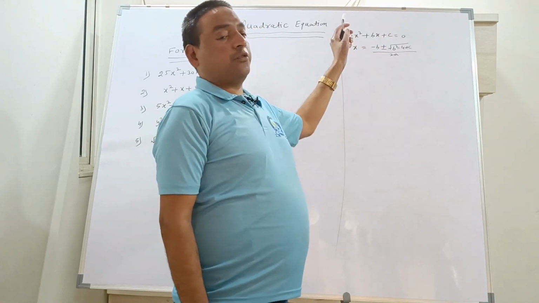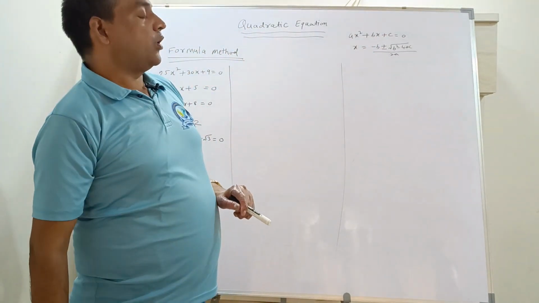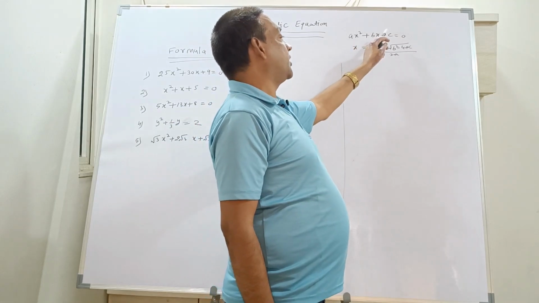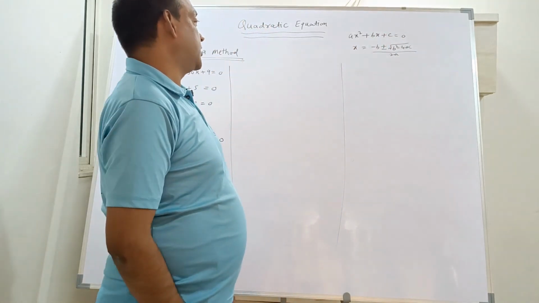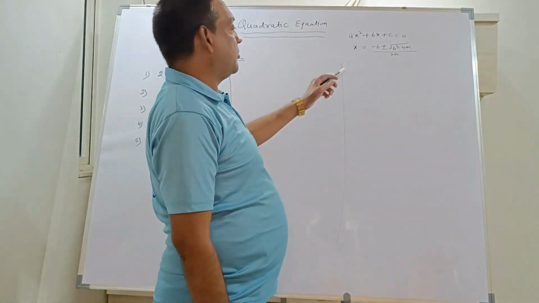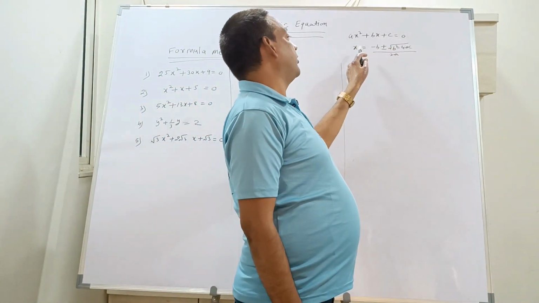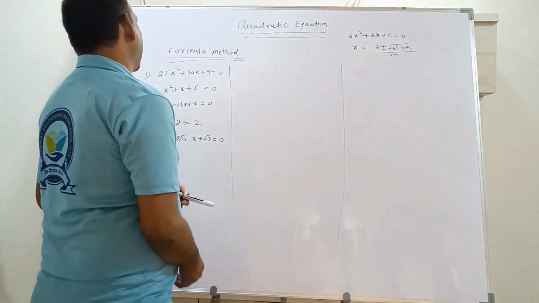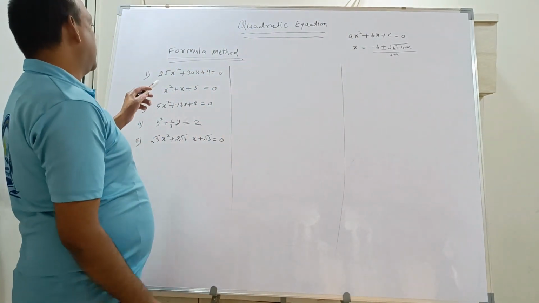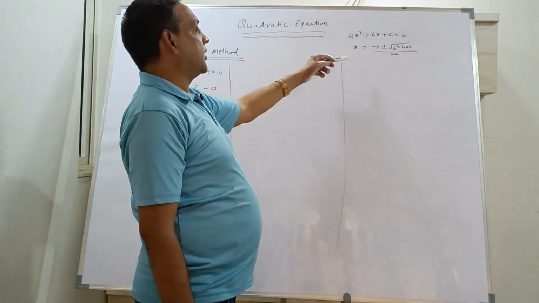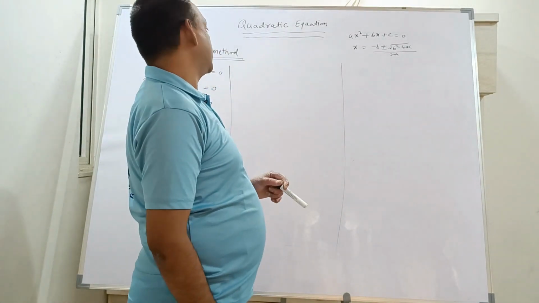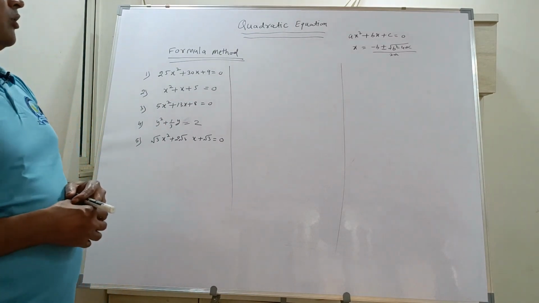Whatever is given before x square is a, whatever is before x is b, and the constant term is c, with 0 on the other side. We substitute in the formula and simplify, and we get the value of x. This is one of the simplest methods. Without knowing the sum product rule or completing the square, we can directly get the answer, but it is a little lengthy process and sometimes you'll get the radical form.